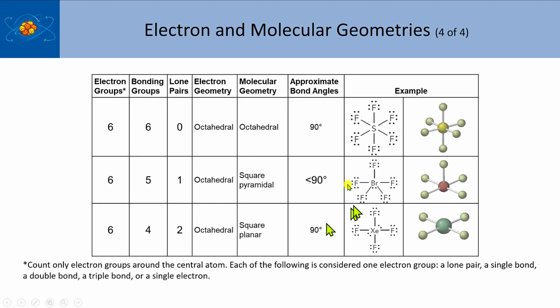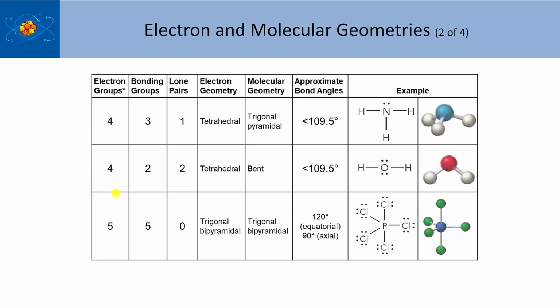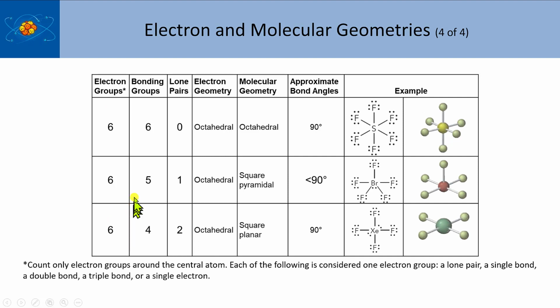Okay, so you need to be fluent in using this chart. If you plan on going on further in chemistry, for example, Chem 1B or organic chemistry especially, you should become really familiar with at least electron groups 2 through 5. 6 we don't see very often.